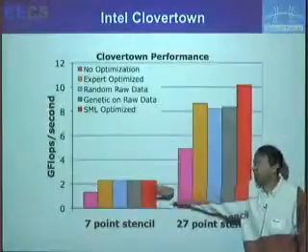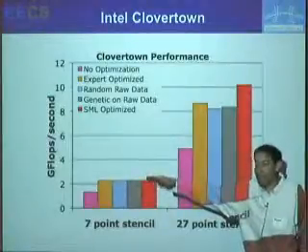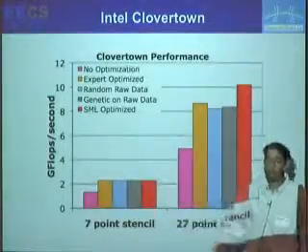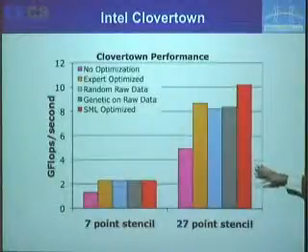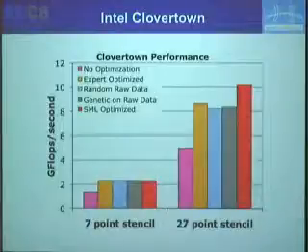No matter what you do, you have a certain bottleneck that you really can't surpass. But for the 27-point stencil, you see that it does significantly better than any of the others. So this is still a small data set. I'm not saying that this is convincing evidence that machine learning has worked, but it is promising.